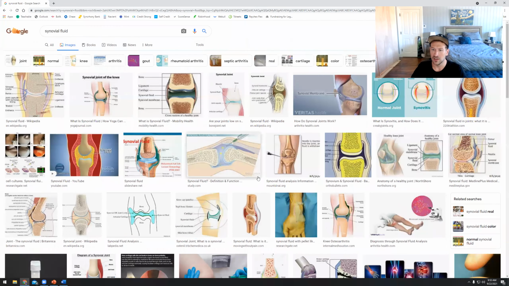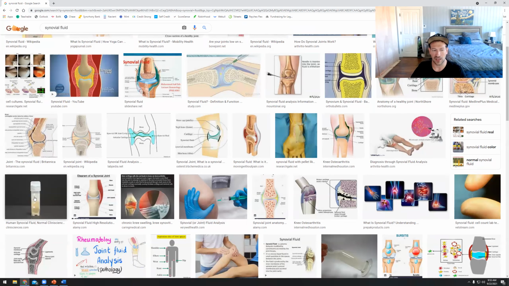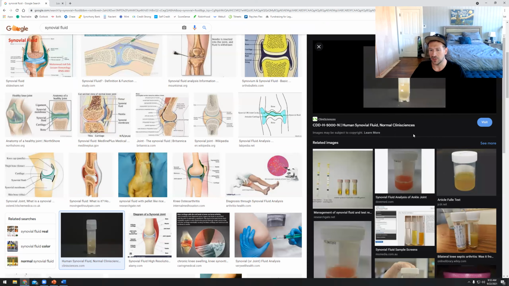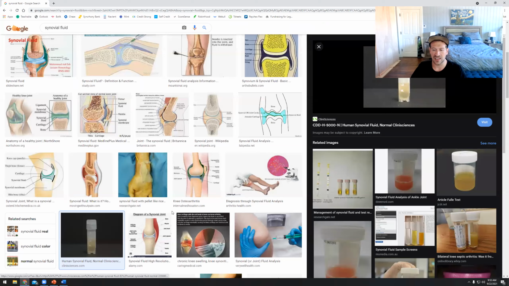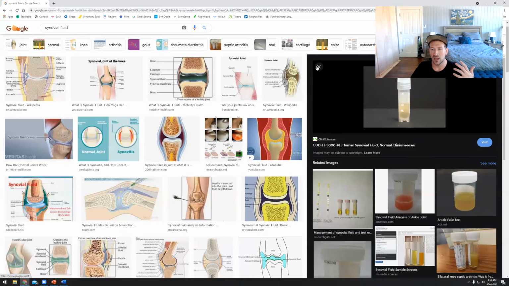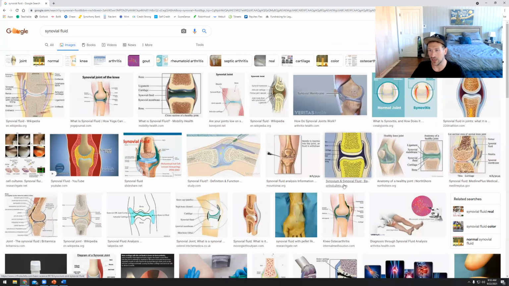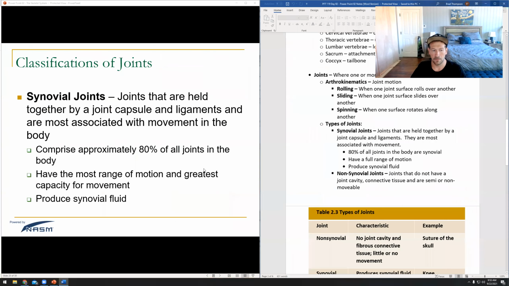If you were to ever suck it out of the knee, it looks similar. And it's like grease. It's this really viscous, really slick material. Yeah, there we go. That's some healthy synovial fluid there. And it's meant to act as sort of like grease for a hinge, and that keeps there from being way too much friction when our bones are moving around.